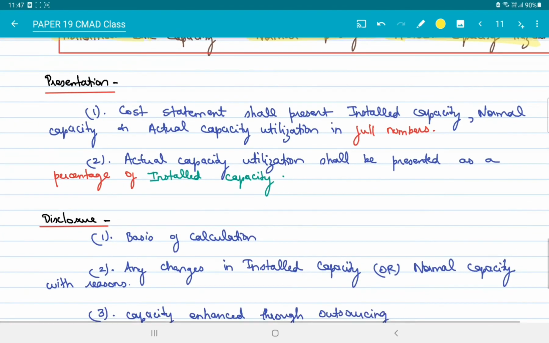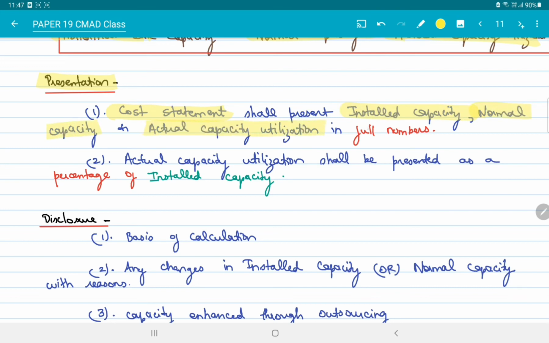Then we are going to look at how to present this CAS 2 in financials or in the audit report or wherever. A cost statement shall present installed capacity, normal capacity and actual capacity utilization in full numbers, no round off.